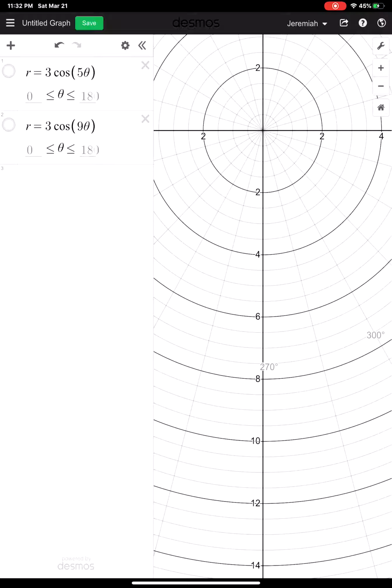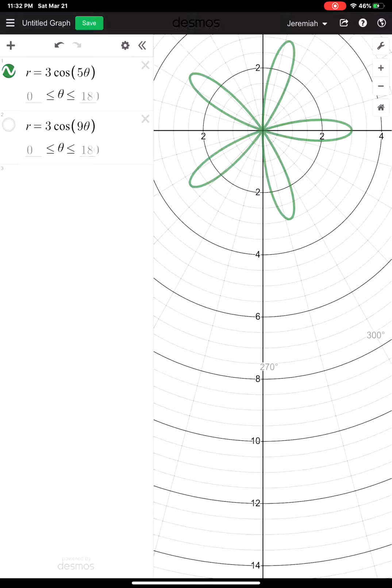So let's take a look at what the graph of r equals 3 cosine of 5 theta looks like. Right? So look at this beautiful graph. In fact, every Valentine's Day, I like to send my wife a polar equation, and if she would like more petals on her flowers when she plots it, then no problem.